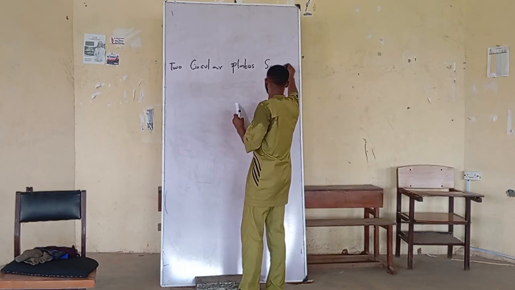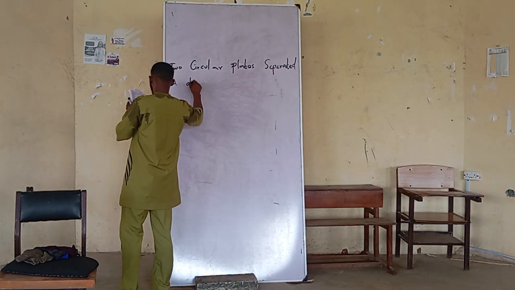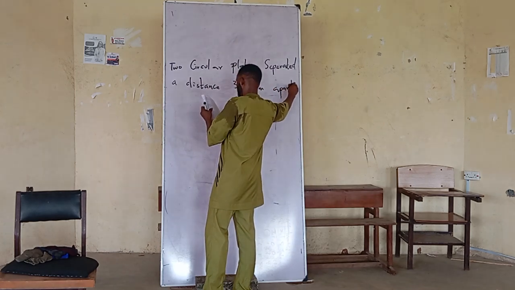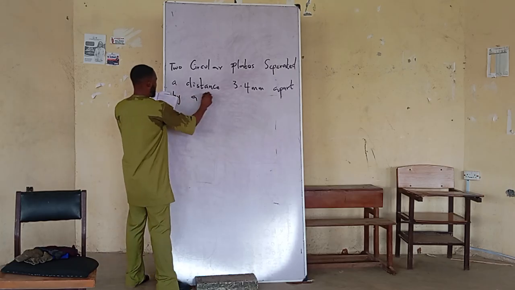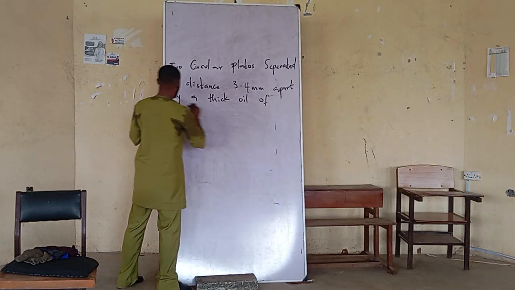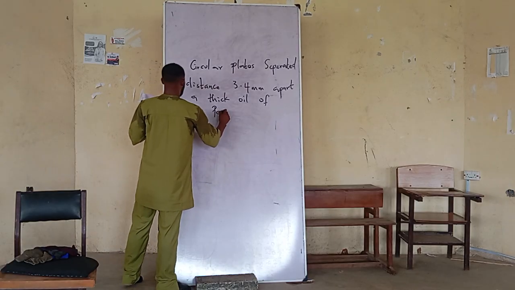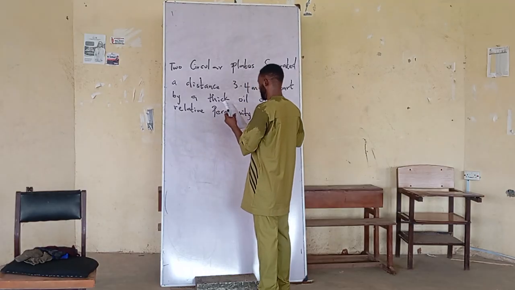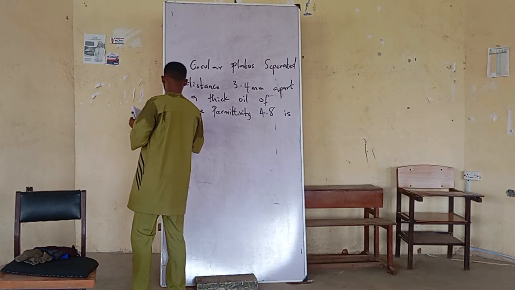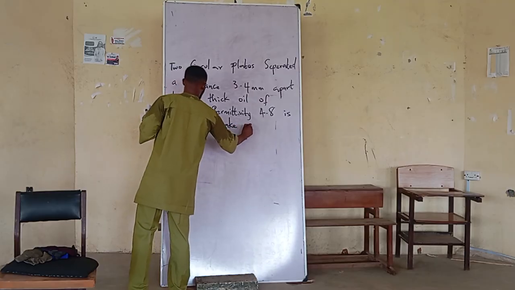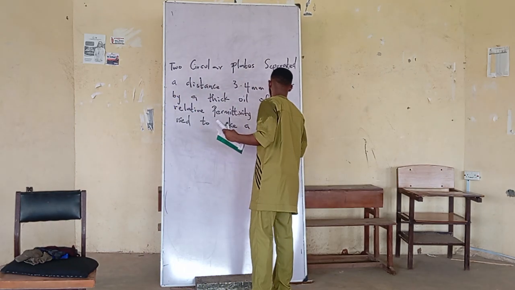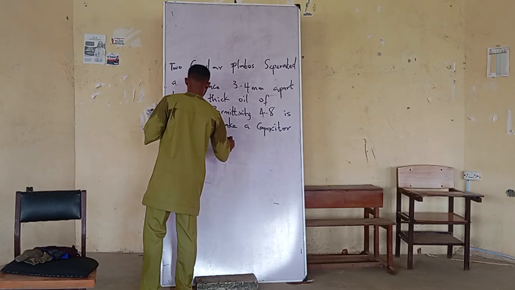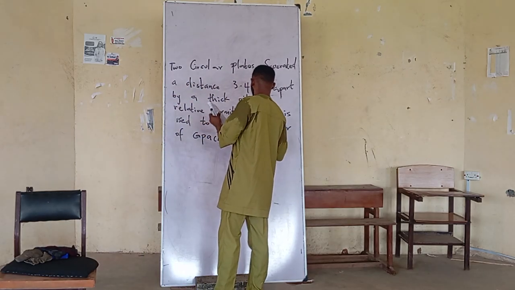Two circular plates separated a distance 3.4 mm apart by a thick oil of relative permittivity 4.8 is used to make a capacitor of capacitance 565 picofarad.